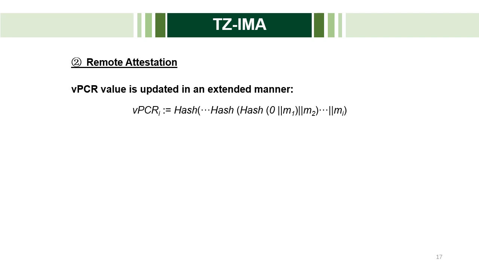After booting, the vPCR value is updated in an extended manner shown in the equation. That is, starting from the first component, calculating the integrity measurement value of the component with the existing vPCR value, performing a hash operation, and then storing the result back to vPCR.